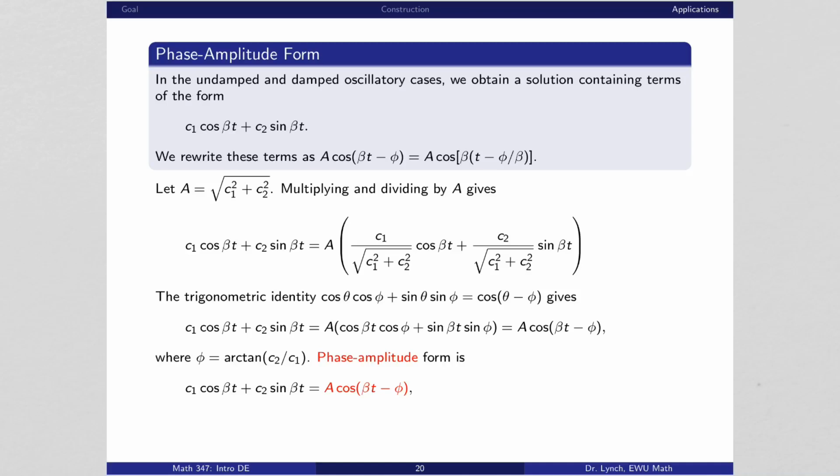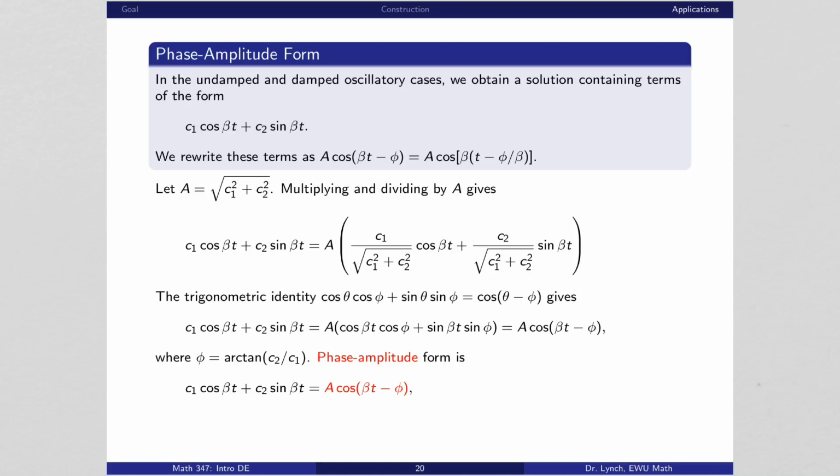So here we'll identify the phase amplitude form, as cosine of beta t minus phi times the amplitude a. And again, this will be convenient for us to be able to identify the amplitude as well as the envelope of solutions in the damped oscillatory case.